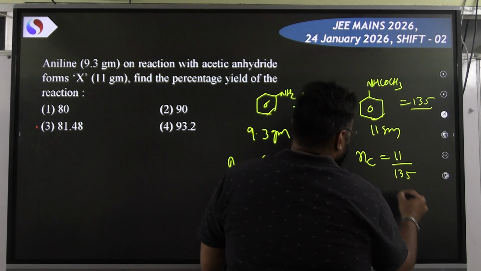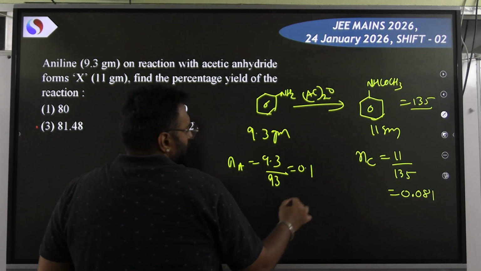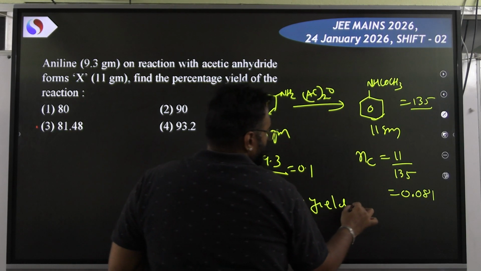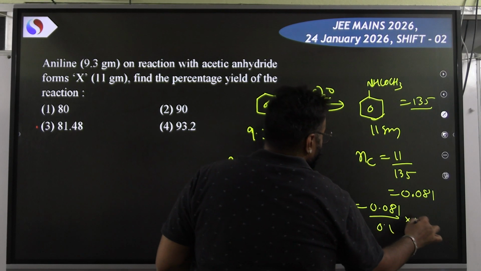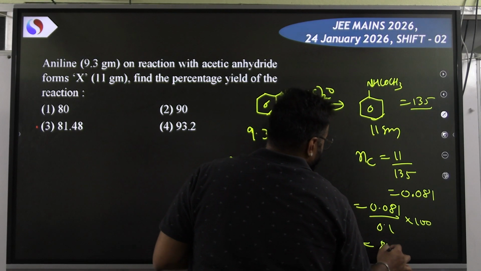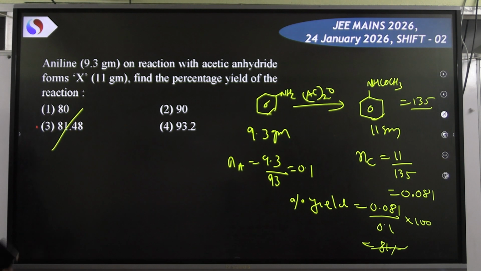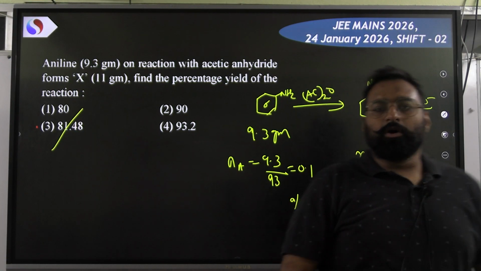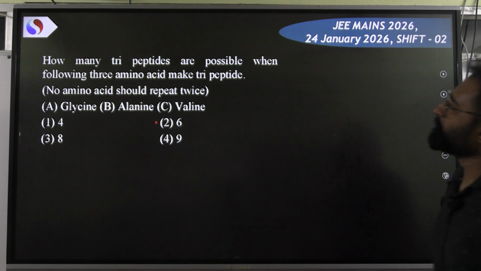So it is 0.081. Percentage yield will be 0.081 divided by 0.1 into 100, so nearly 81%. This is 81.48, option number C. Simple question, but you need to find the molar mass of the following compounds.